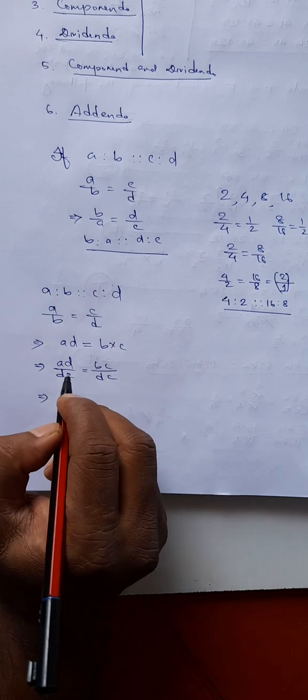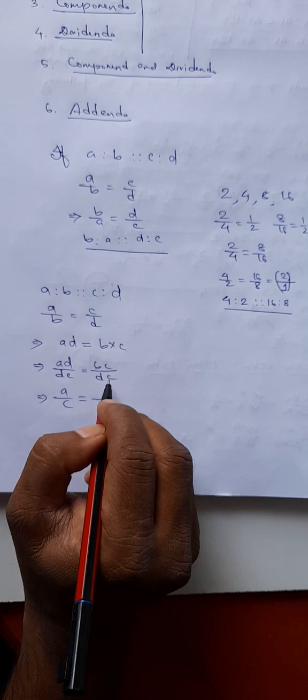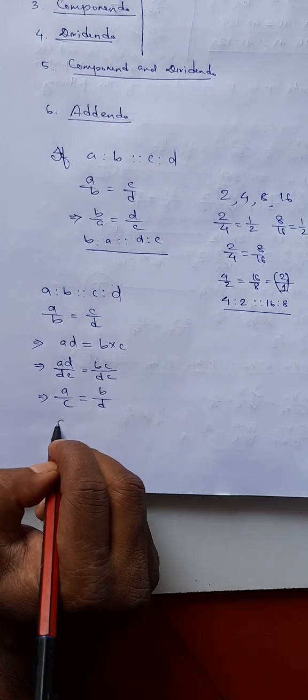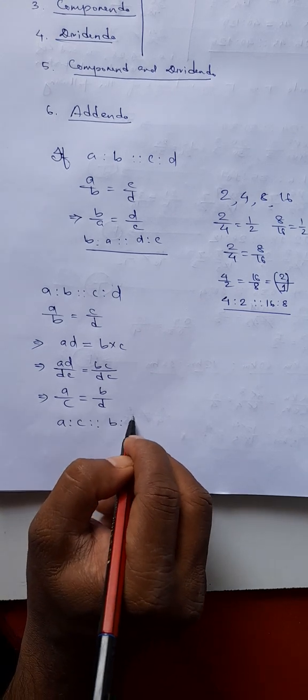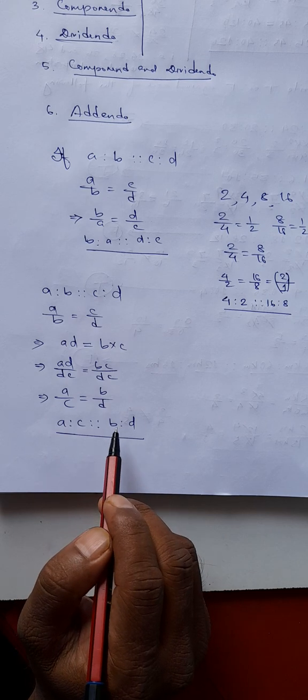D and D cancel each other, A by C equal to C and C cancel each other, B by D. So A is to C proportional to B is to D, right? This is called alternendo.